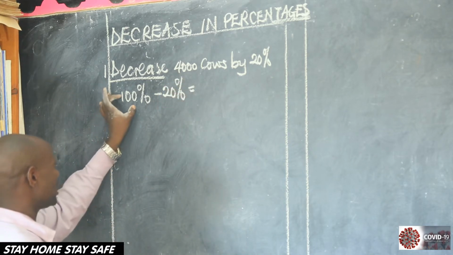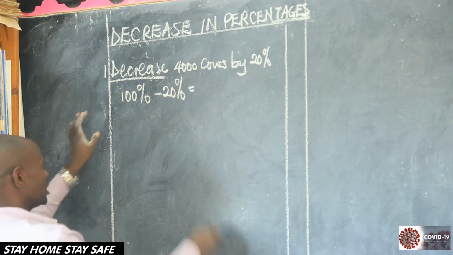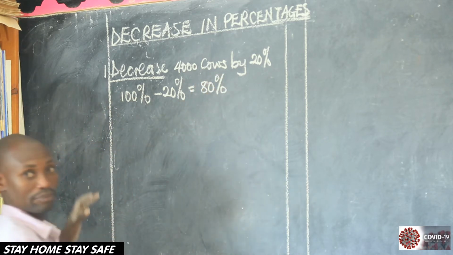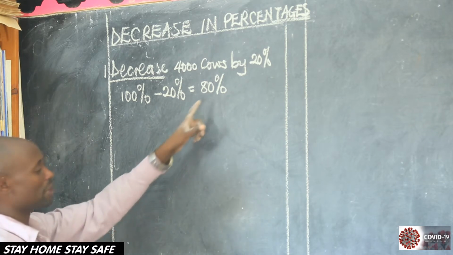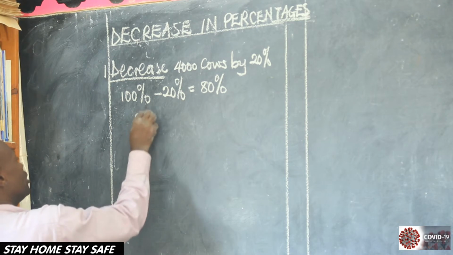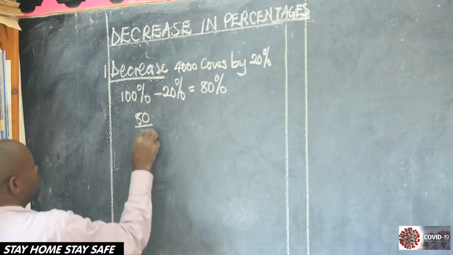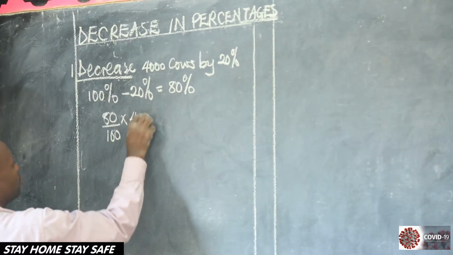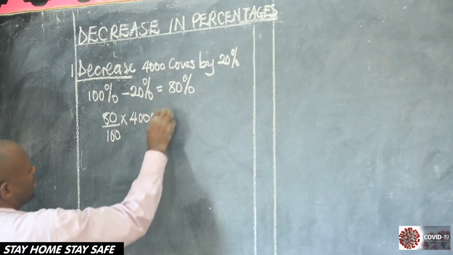And when you have 100, you take away 20, your side work is going to give you 80. So it means the decreased percentage is 80%. So we shall have 80 out of 100 times the given number, which is 4,000 cows.